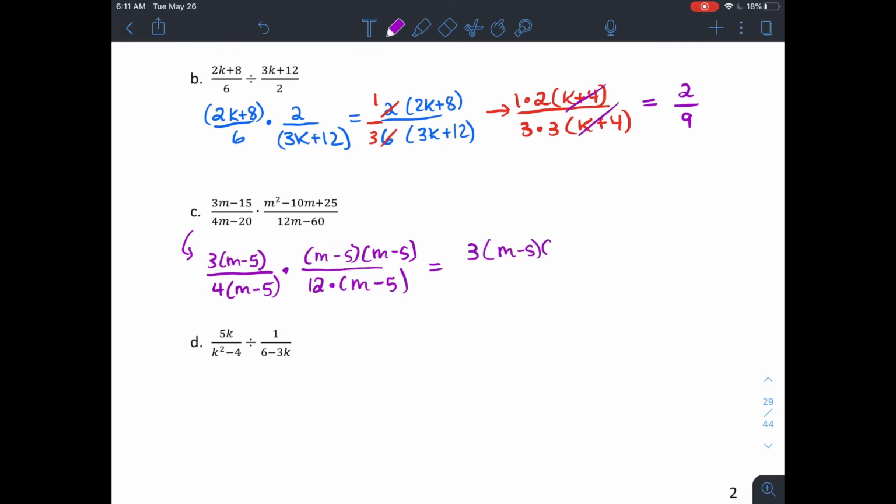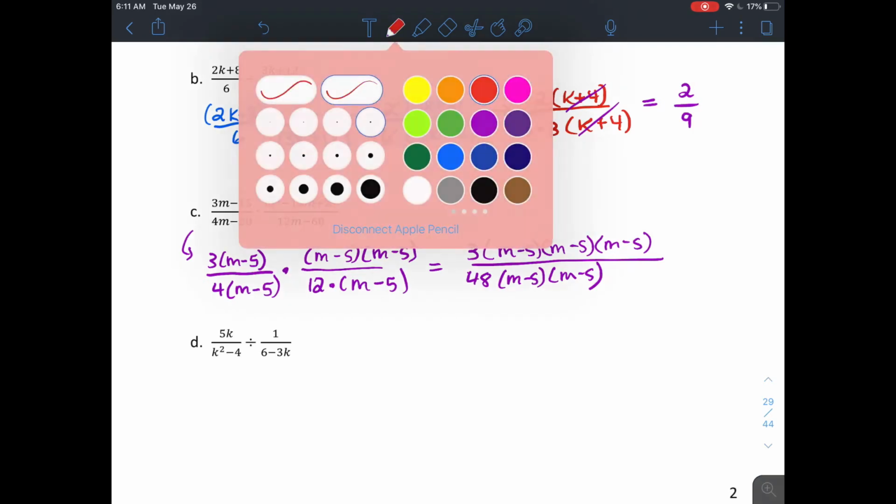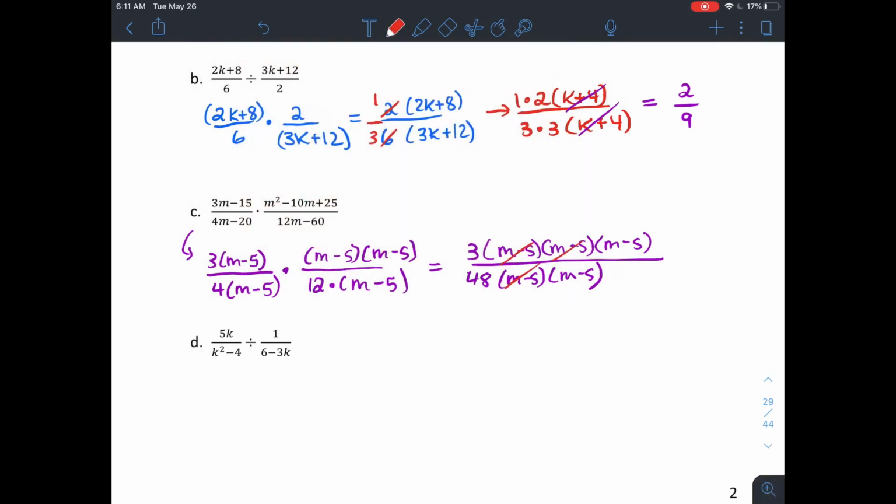So I have 3 on top and then 3 factors of m minus 5. And then on bottom, 12 times 4 is 48, and then 2 factors of m minus 5. So let's divide out 2 factors of m minus 5, divide it to 1, and then 3 over 48 is 1 over 16, so you get m minus 5 over 16.